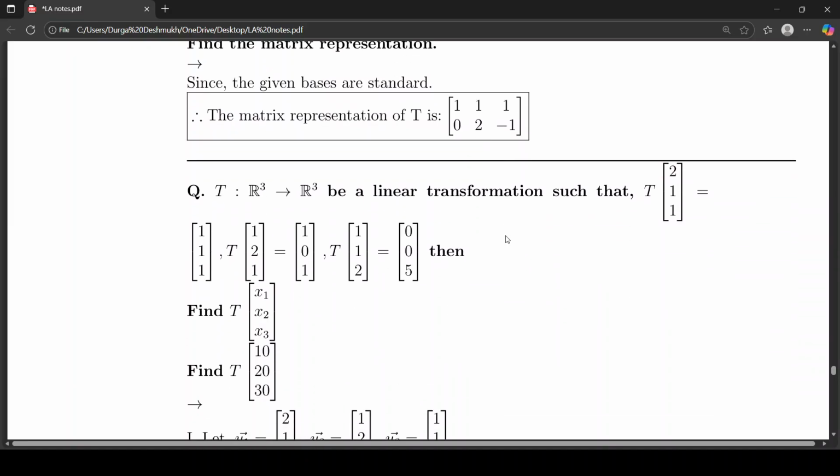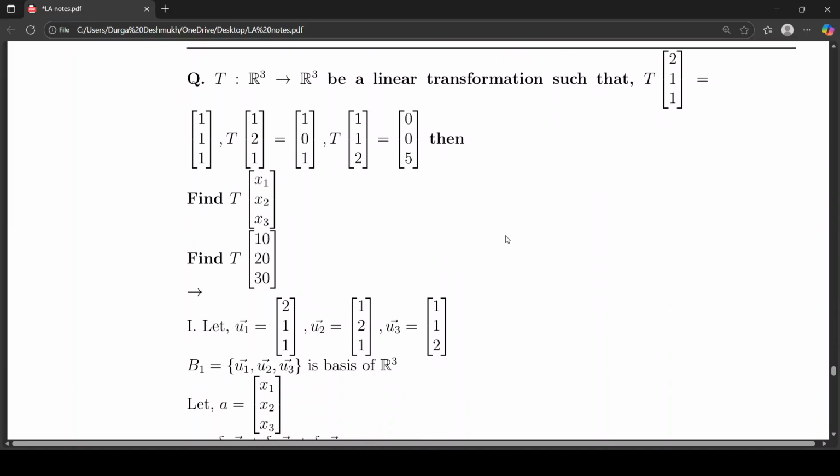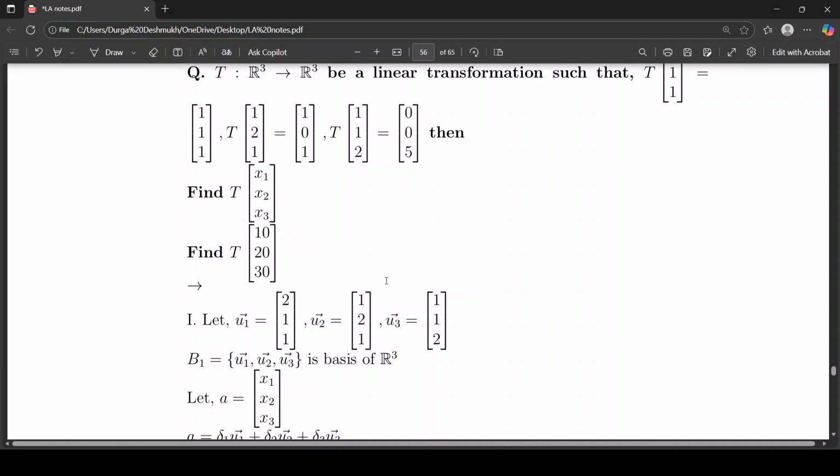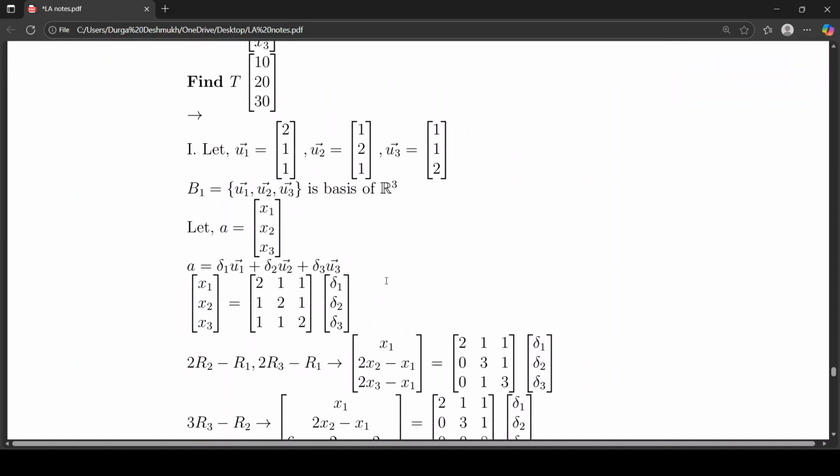So yeah, this question is the most important one. Here the images of some elements are given and we need to find the general transformation. For this we will consider the given elements as u1, u2 and u3. They will obviously form a basis of the first vector space, which is R3.